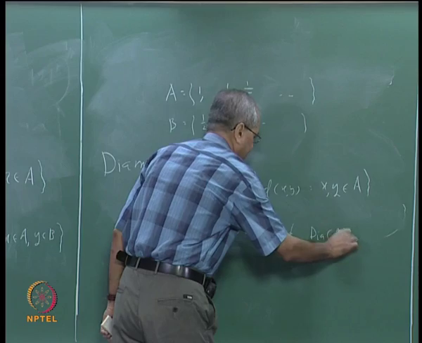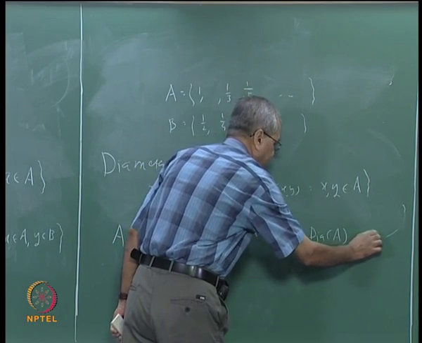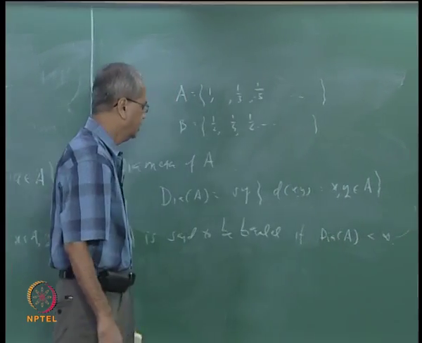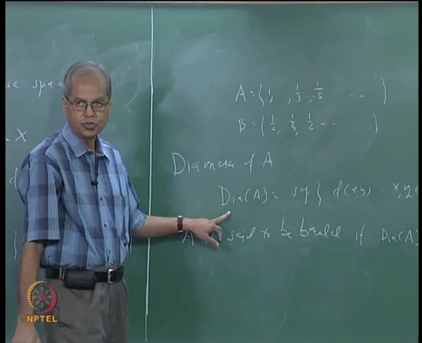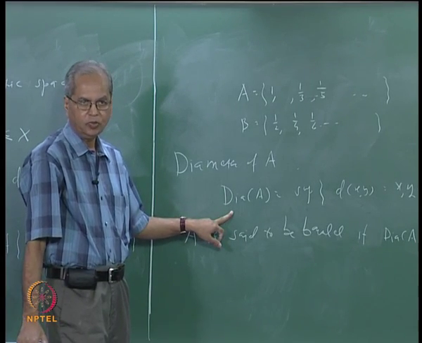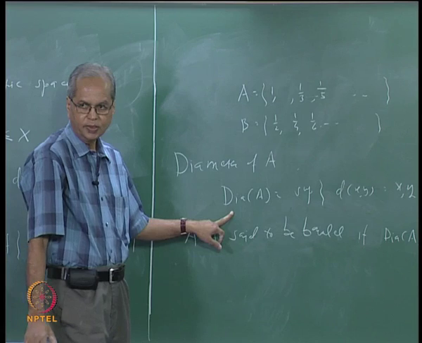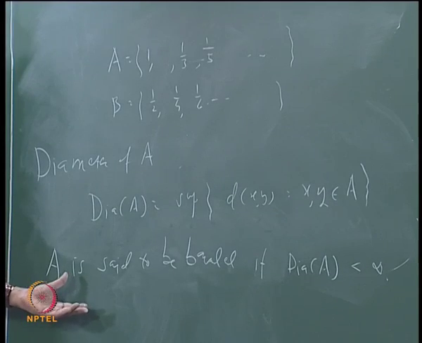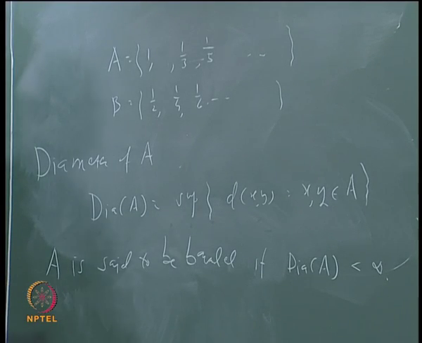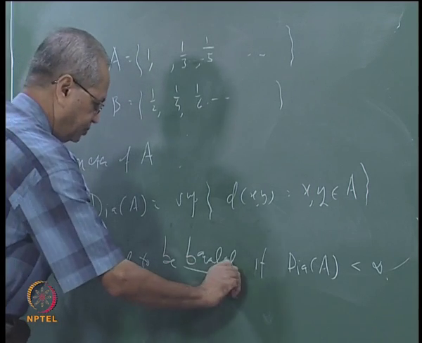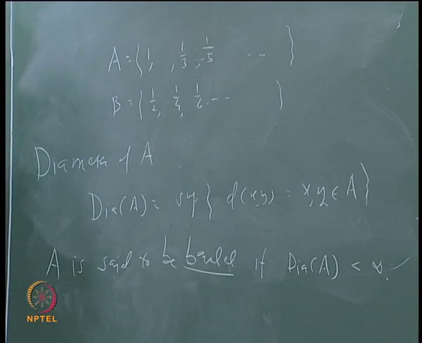I will simply say the diameter of A is strictly less than infinity. Remember, it will always be bigger than or equal to 0. If it is a finite real number, then the set is called bounded.